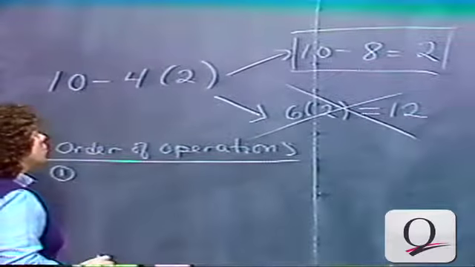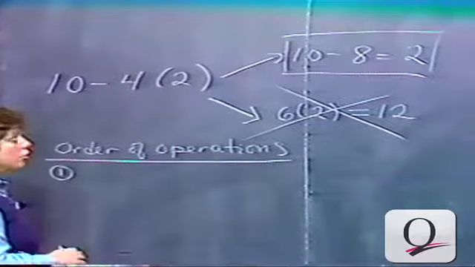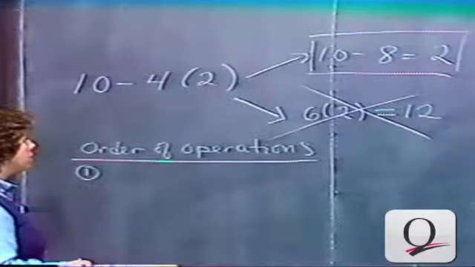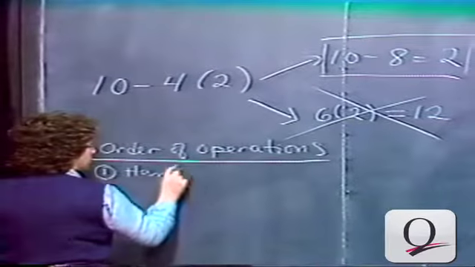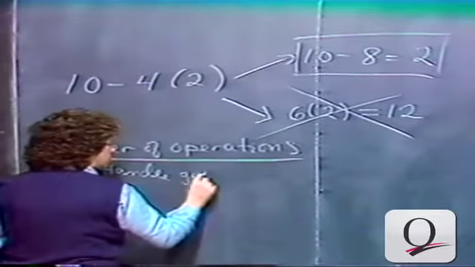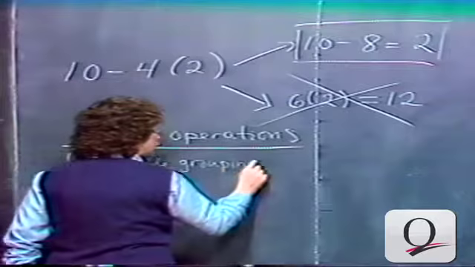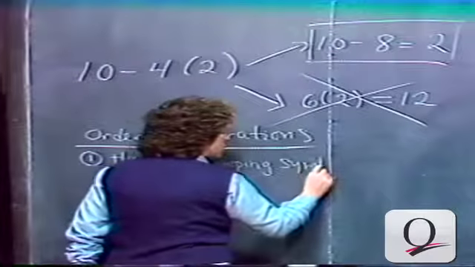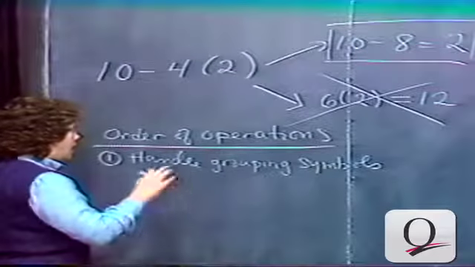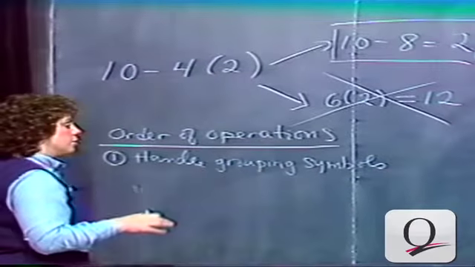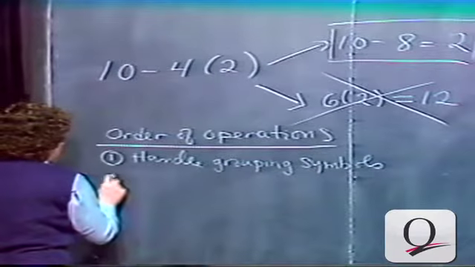First of all, we will handle all grouping symbols. We will simplify the expressions within grouping symbols. When I say grouping symbols, I mean parentheses, brackets, braces. Any expression that's within a grouping symbol will be simplified first.